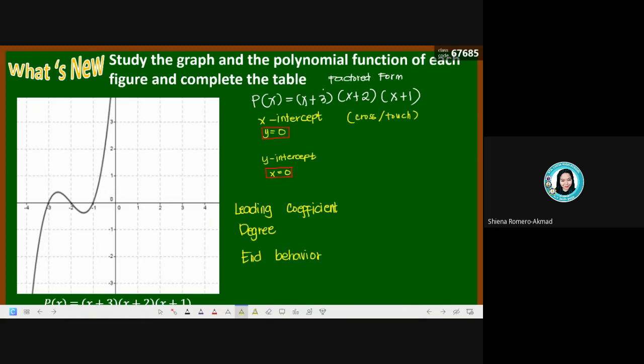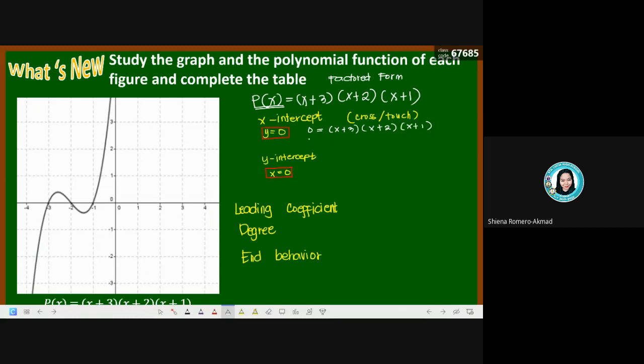Sa case na to, dahil naka-factored form tayo, pag kinuha natin yung y, ang y natin ay ito, yan yung magiging y natin. So y, magiging 0, is equal to x plus 3, x plus 2, and x plus 1.